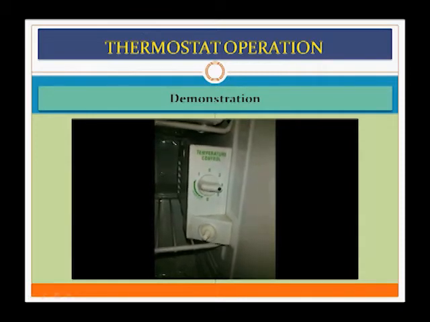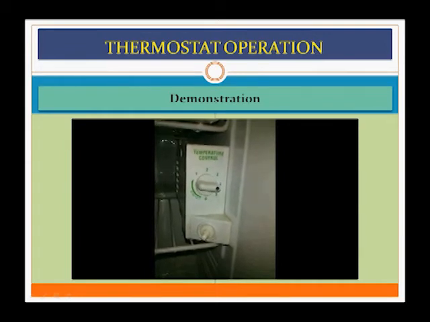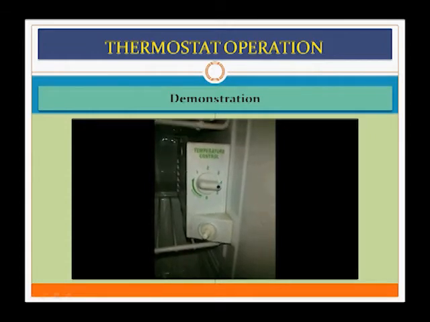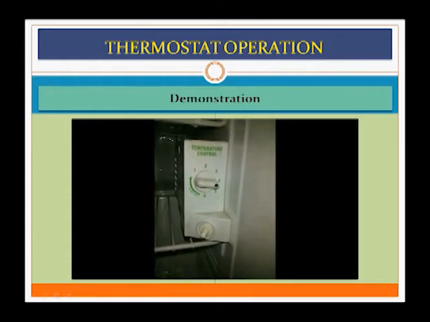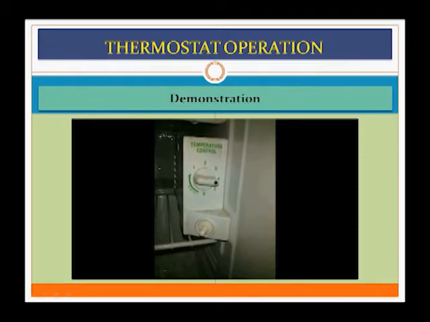When the refrigerator is appropriately adjusted to the designated temperature, the thermostat stops the flow of electricity to the compressor, stopping it from cooling the appliance. When the refrigerator thermostat detects too much heat, the compressor turns on.